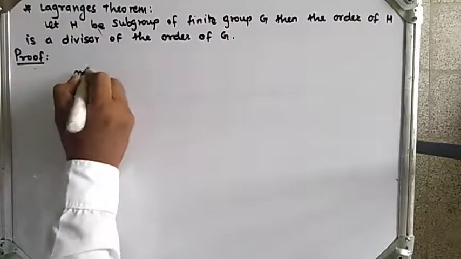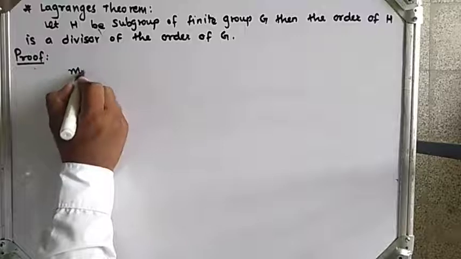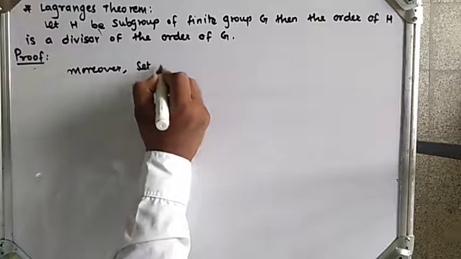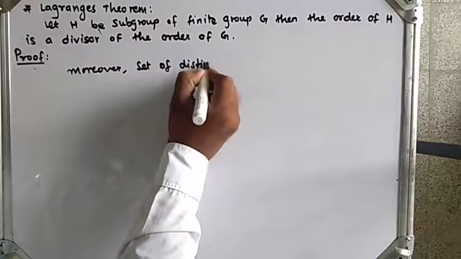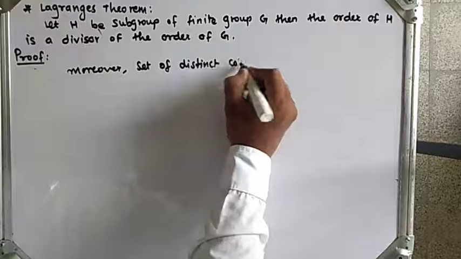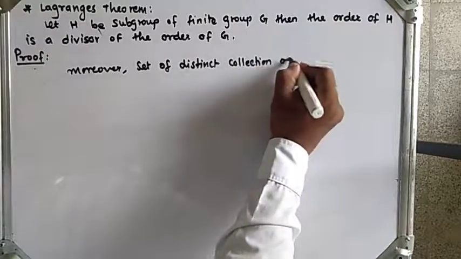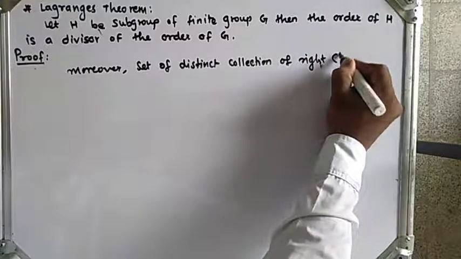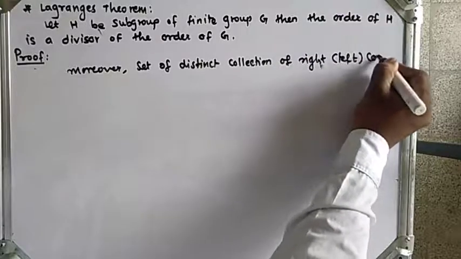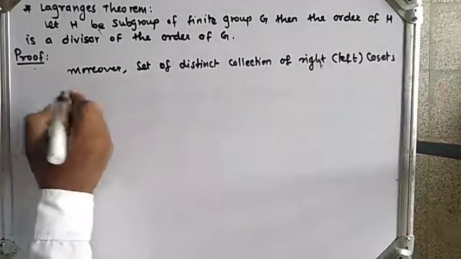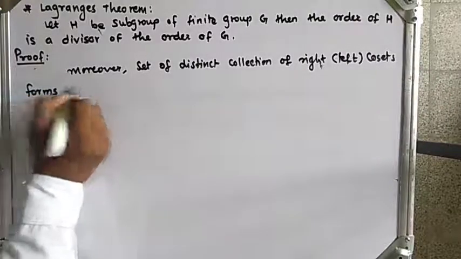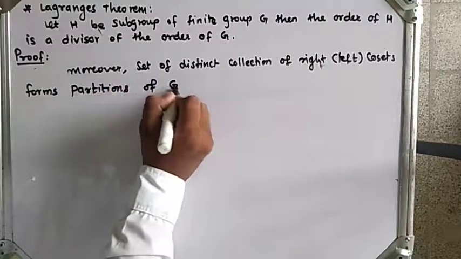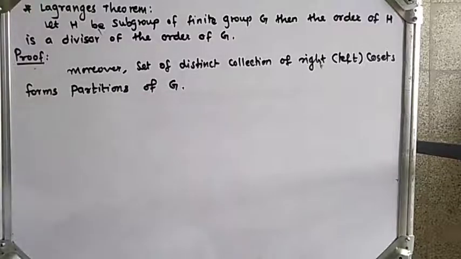Moreover, the set of distinct right or left cosets forms a partition of G. We know this about the set of all distinct right or left cosets.